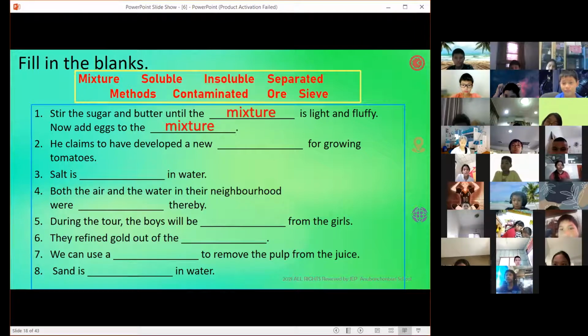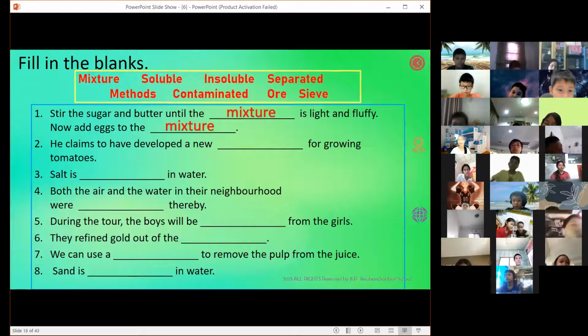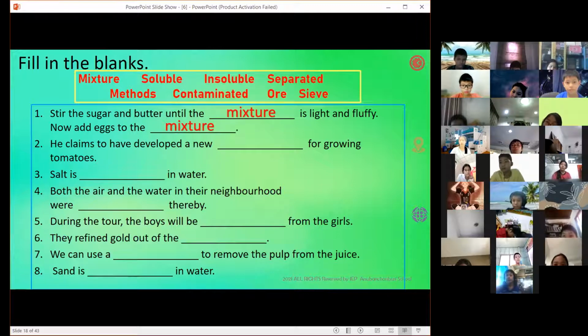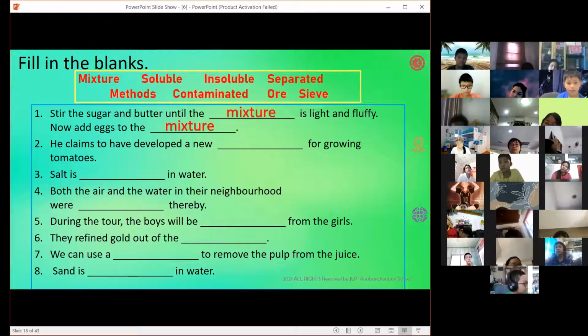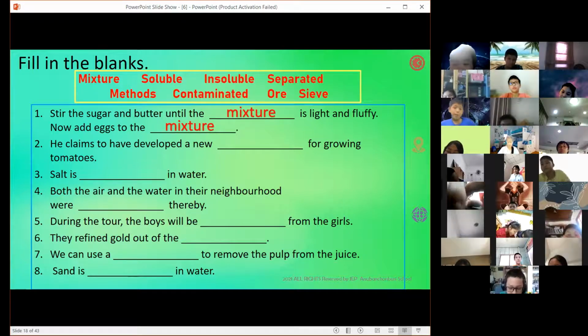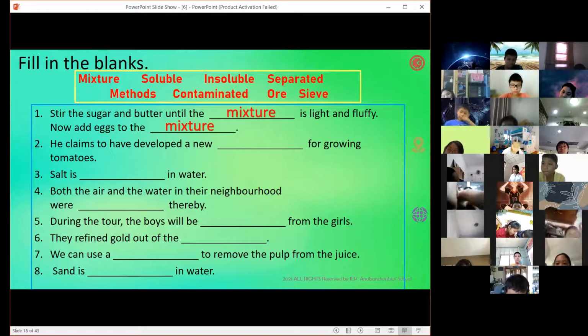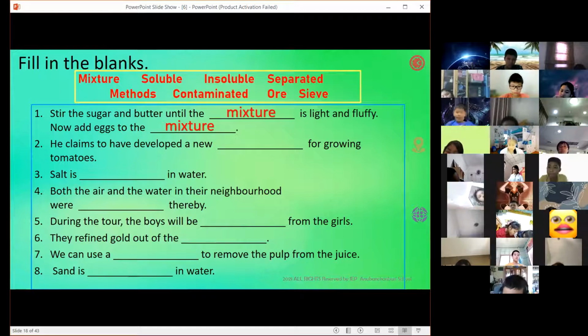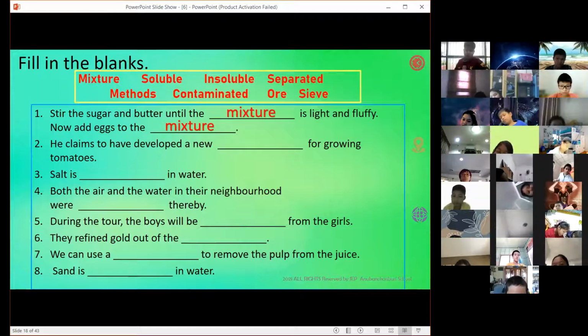Okay, perfect. Who wants to answer number two? Let's ask my very good friend here, Lalada. What do you think is the answer here in number two? He claims to have developed a new blank for growing tomatoes. What's the answer?